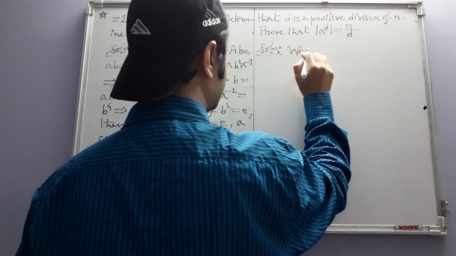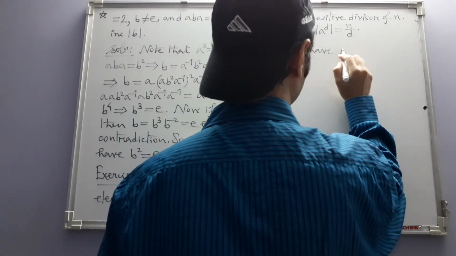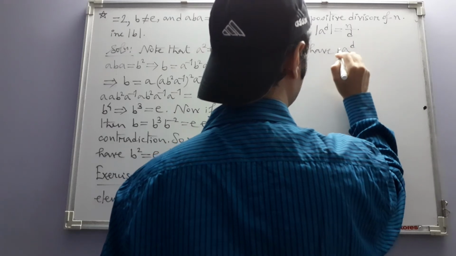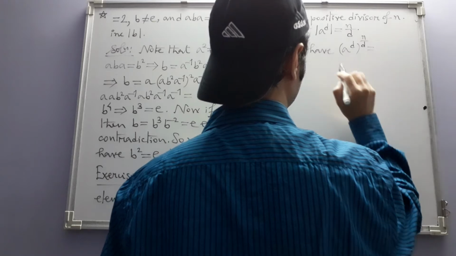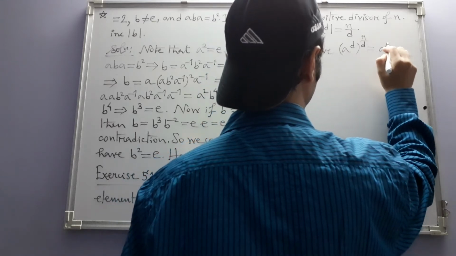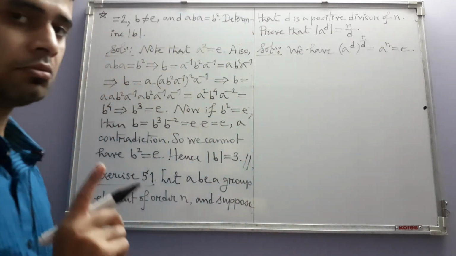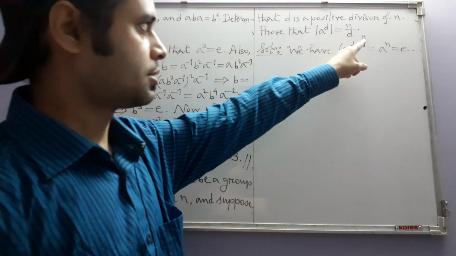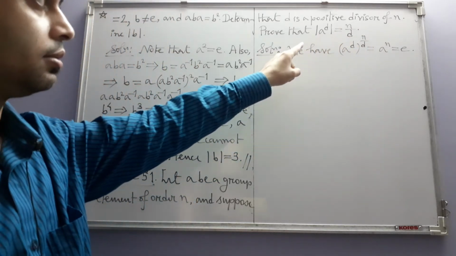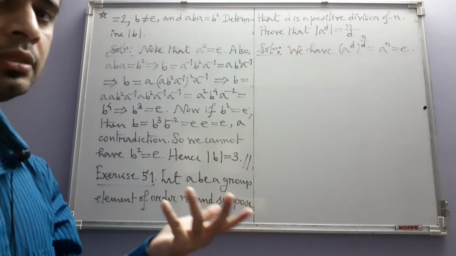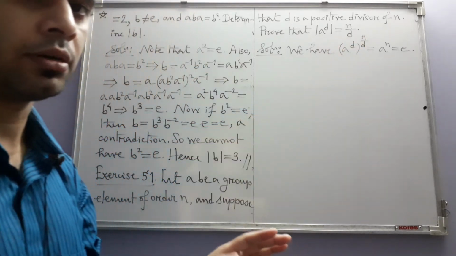First of all, we observe this thing. Using the rules of exponent, this is equal to a to the power n, which is equal to identity. One more thing you note is that since n is a positive integer, and because it's an order, it is by definition a positive integer and d is a positive divisor of n.